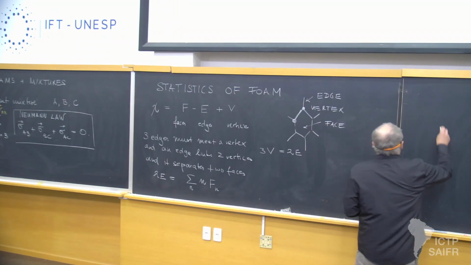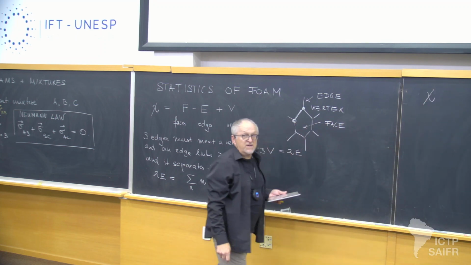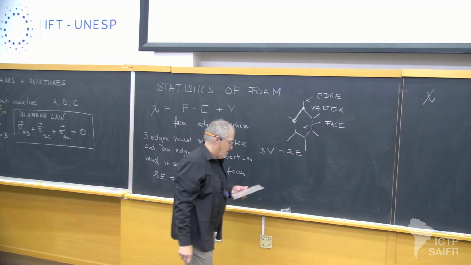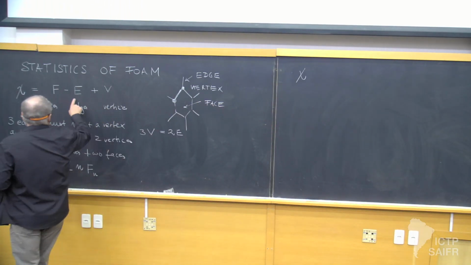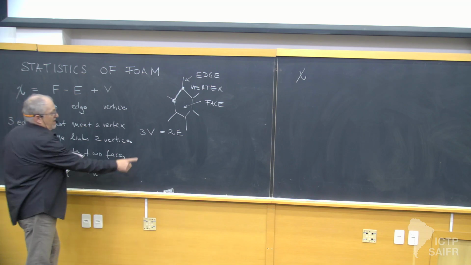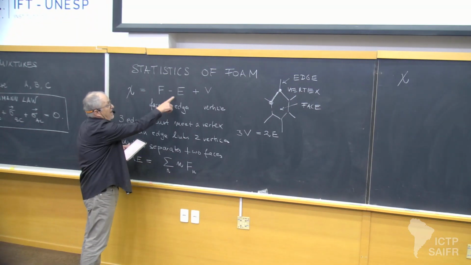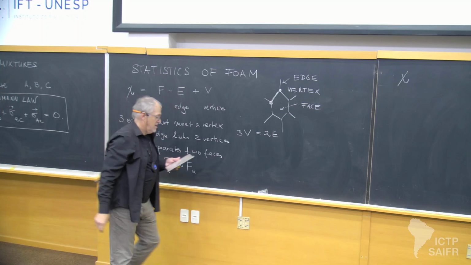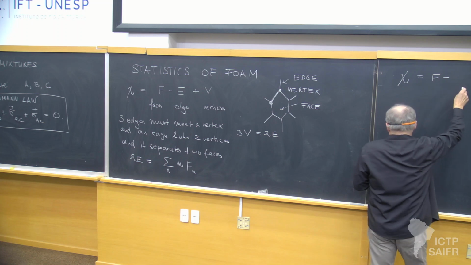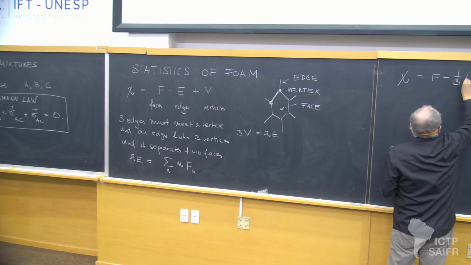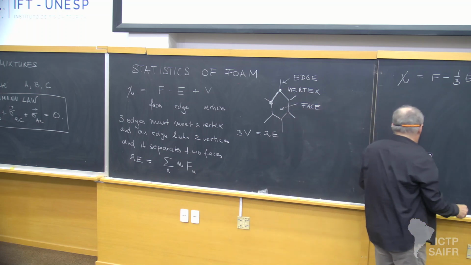So now let's use that and rewrite this topological invariant, the Euler characteristic, in terms of the equations that we have. So we have f minus e plus v. We can replace the v by 2/3 of e and then subtract e. So I do get from that this is f minus 1/3 times e. Now let's rearrange that.